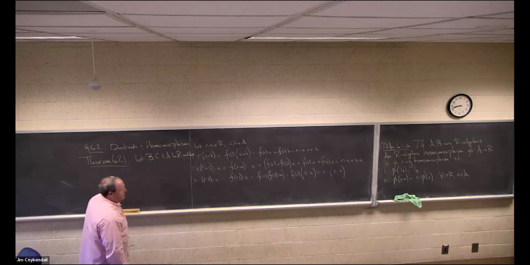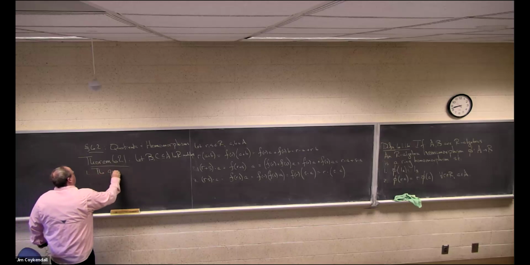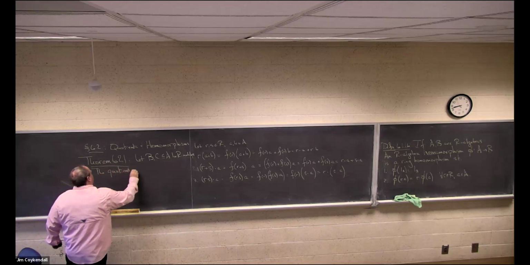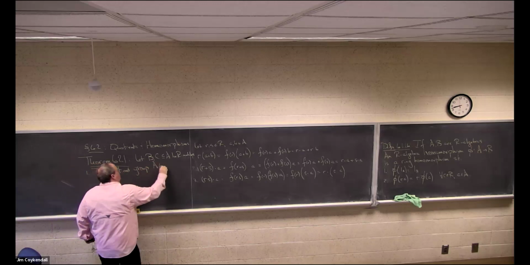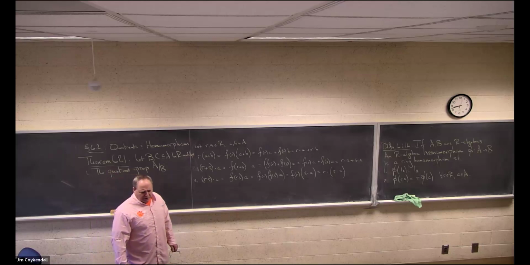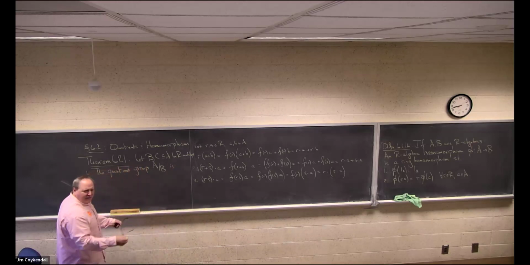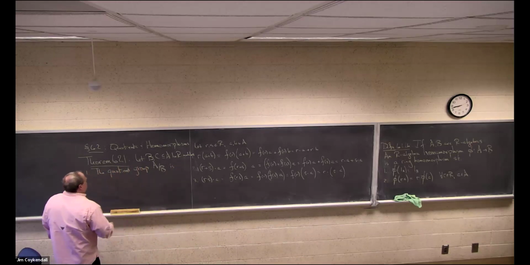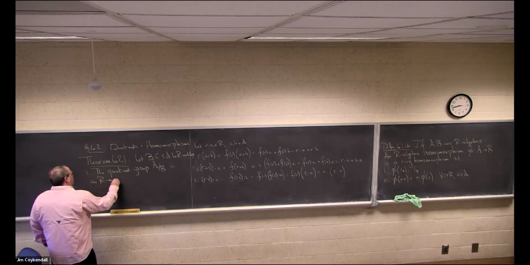One: the quotient group A mod B. So this is an old-fashioned abelian group from the old days, is an R module. So, okay, this is naturally an abelian group, and in fact, it's an R module.